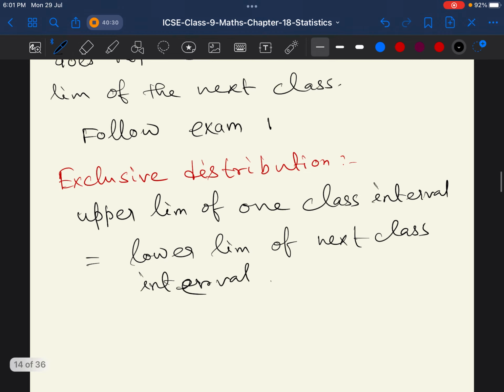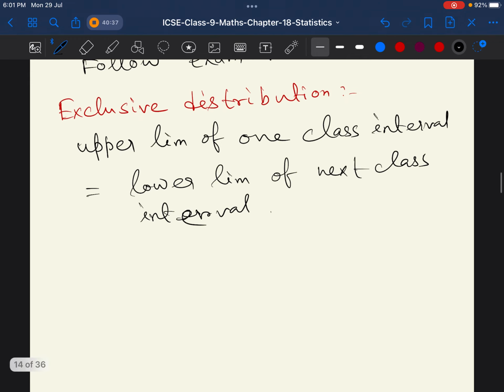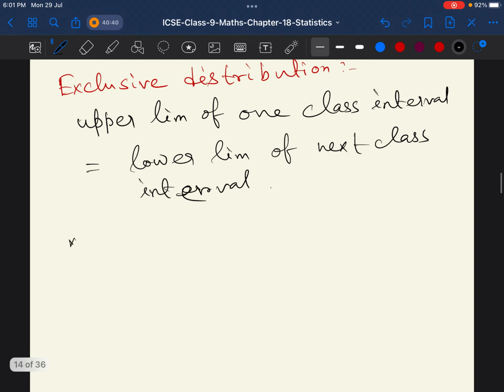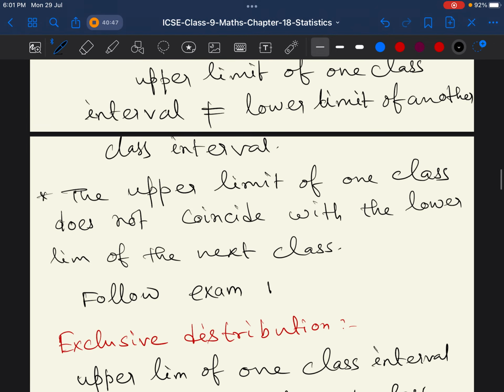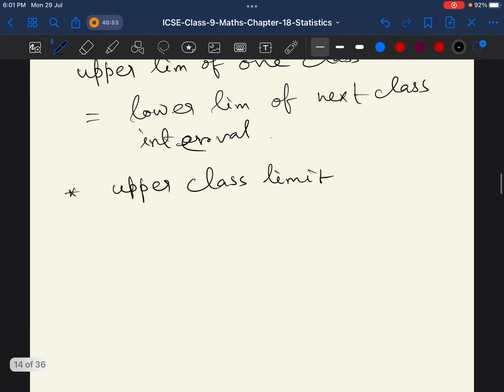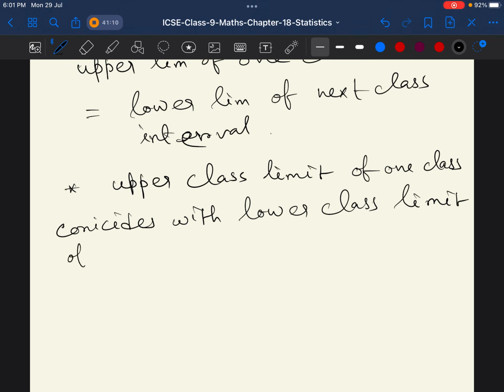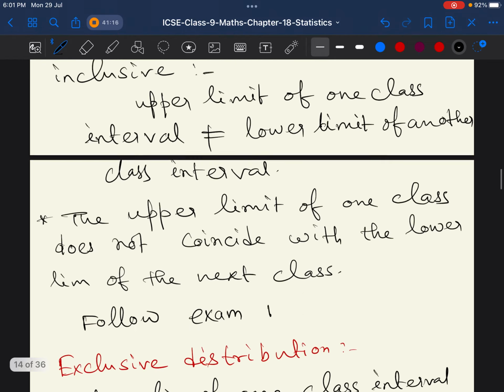That means the upper class limit of one class coincides with the lower class limit of the next class. Okay, see example 2.